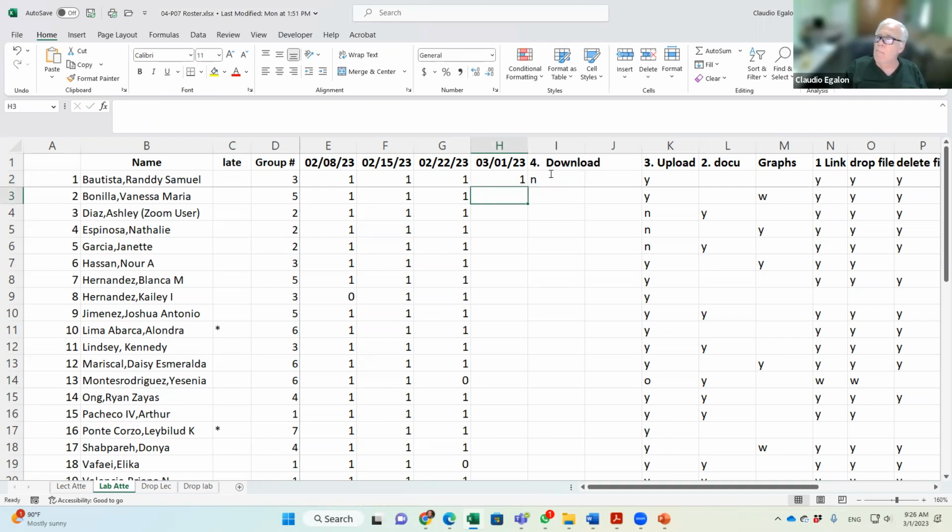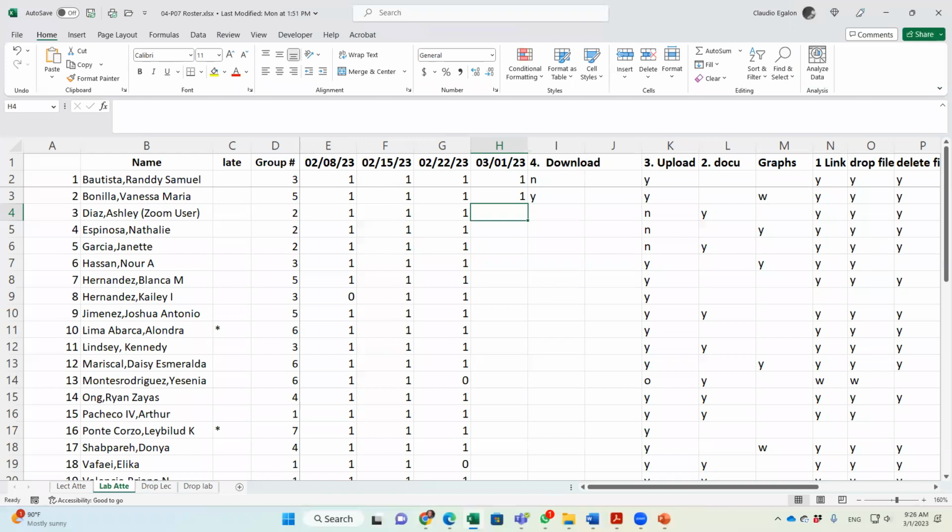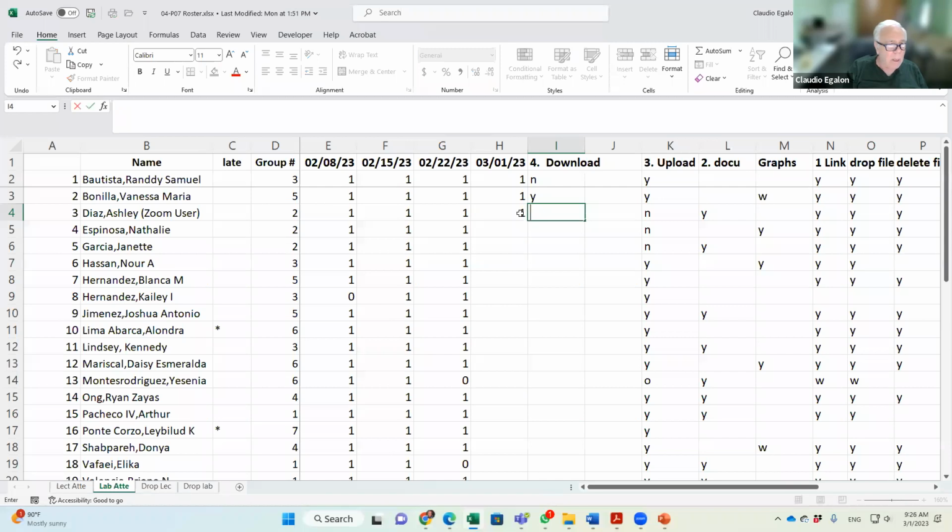Vanessa Bonilla, are you there? Do you see the file there, the spreadsheet for lab 2, Vanessa? Oh, you do see it. So Vanessa does see it. What about Ashley? Is Ashley there? Yes, I'm here. Do you see the file there, Ashley? No, I don't think so.